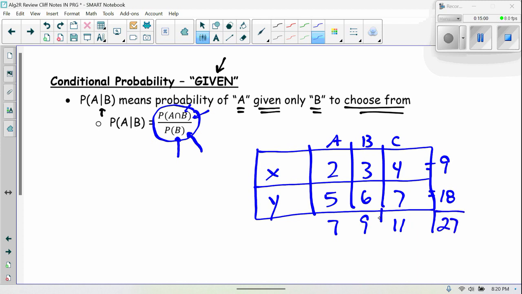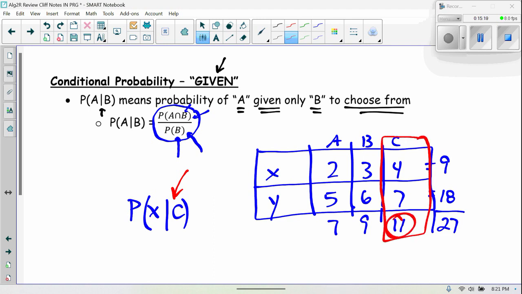All right. Now, if they say the probability of X given your C's, what this means, when you just have a table, I think it's easier. They are just giving you the C's to pick from, which means I am only looking at these 11 C's that I have here.